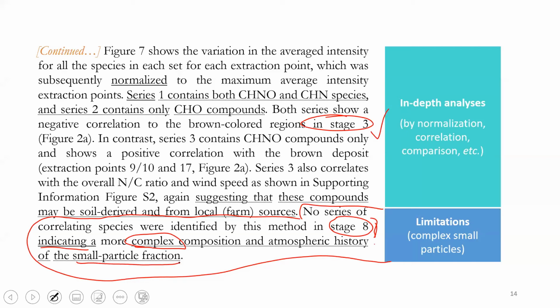That tells you there is a limitation for this research. So you accept the fact that there is a limitation, because it's the instrument. The instruments you use may not allow you to detect all the particle composition in the small particles. Many students would hesitate to present this part.